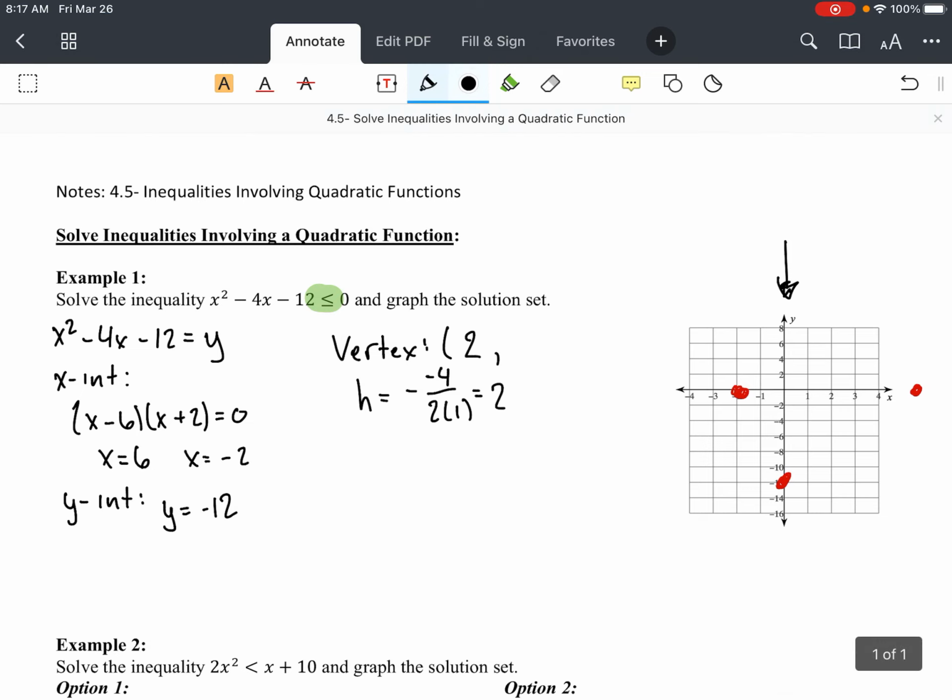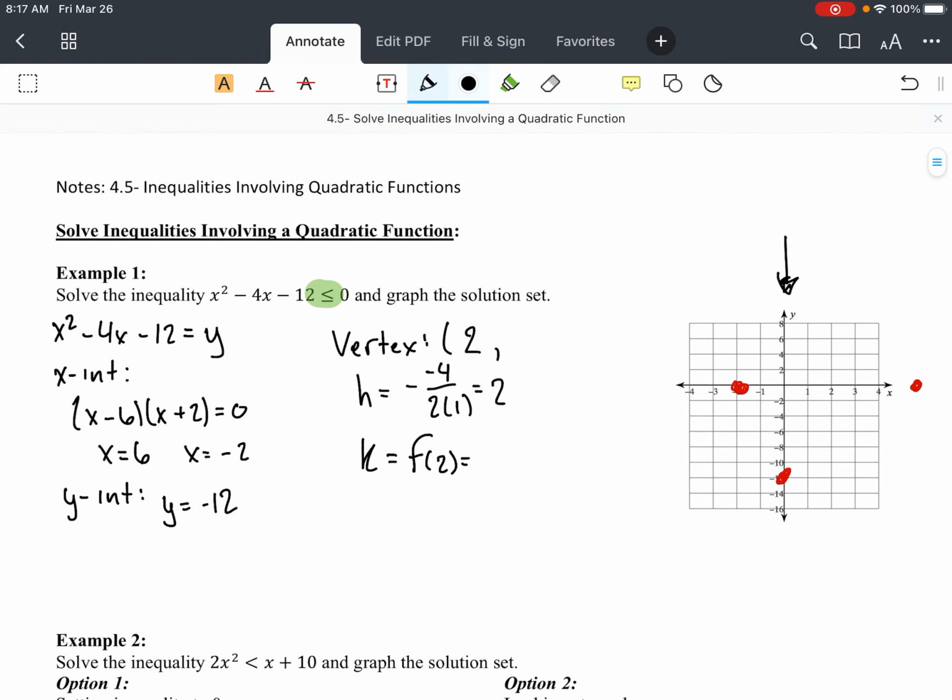All right, so our x value for our vertex is 2, and our y value, or our k value, is simply plugging it back into the function, right? So we're going to plug it back in. We get 2 squared minus 4 times 2 minus 12. That becomes 4 minus 8 minus 12, which I believe would be negative 16.